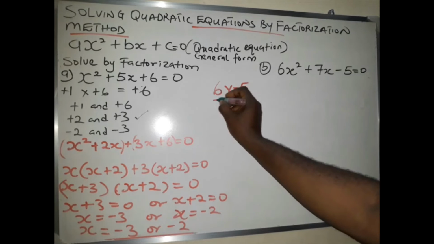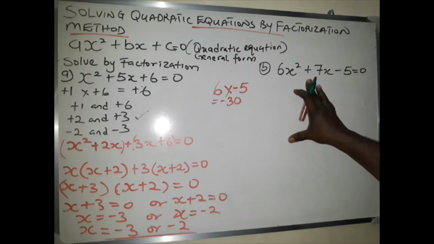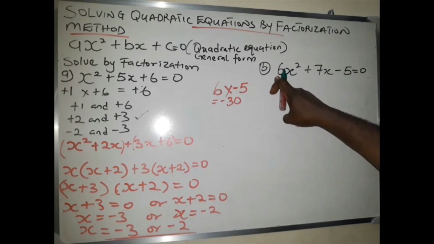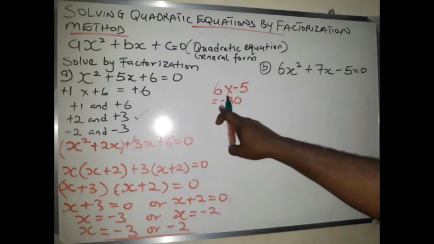Equals minus 30. 6 times minus 5 is going to give you minus 30.